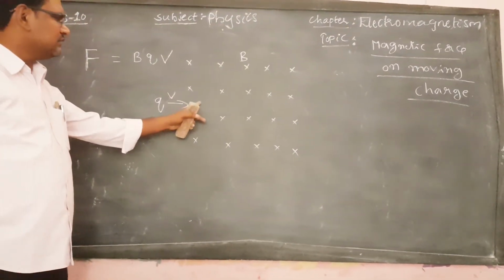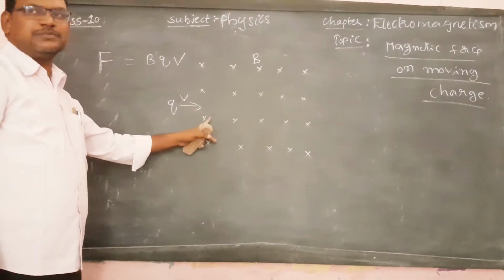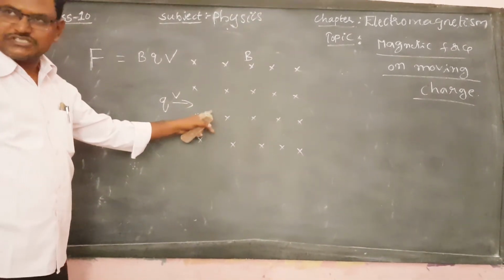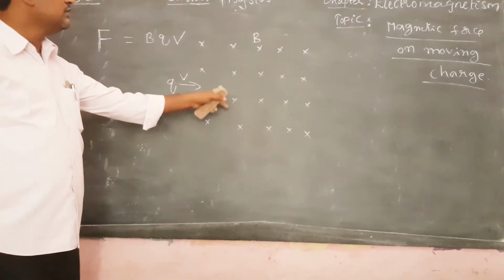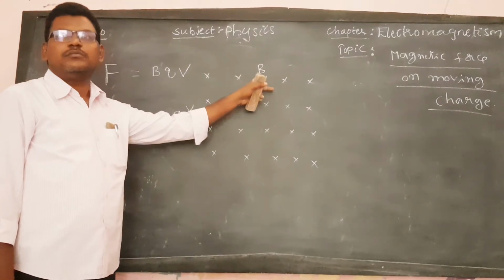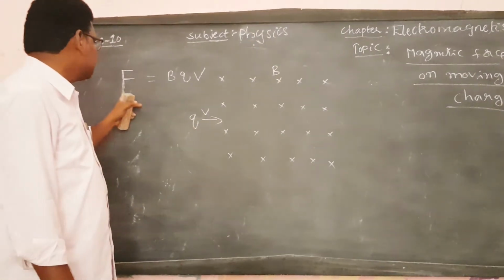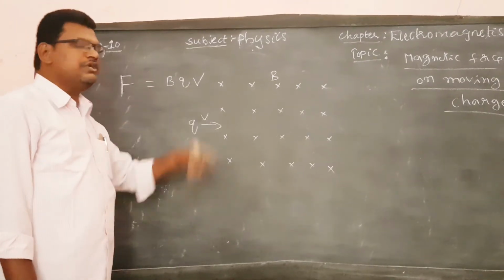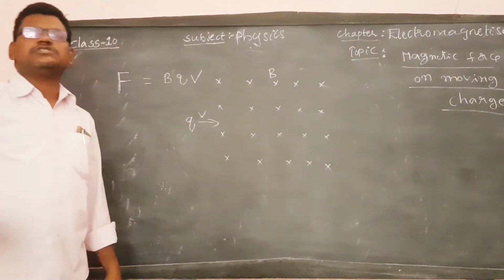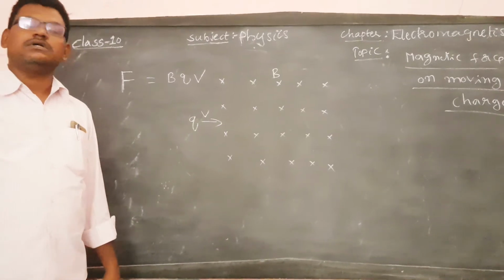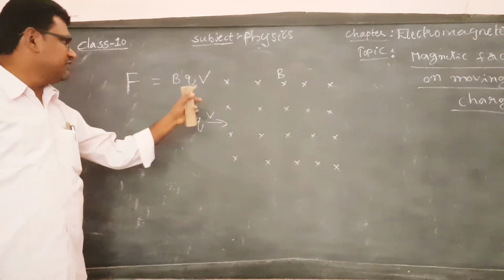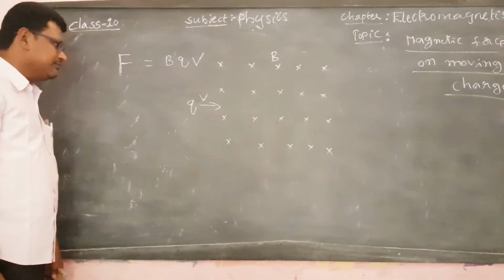That means the velocity of the charged particle is perpendicular to the magnetic field. Then it experiences the magnetic force F equals BQV. This was calculated experimentally.